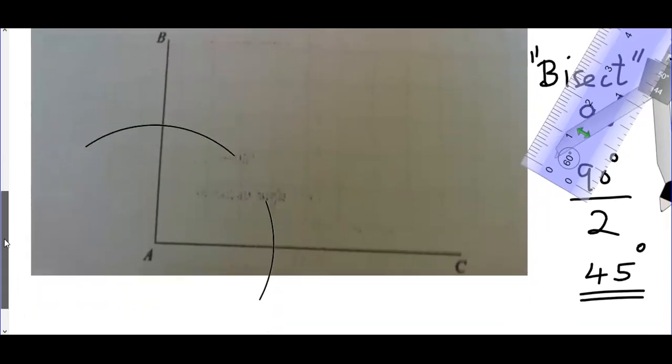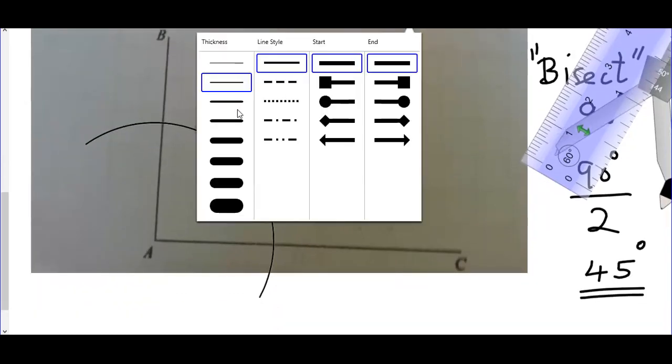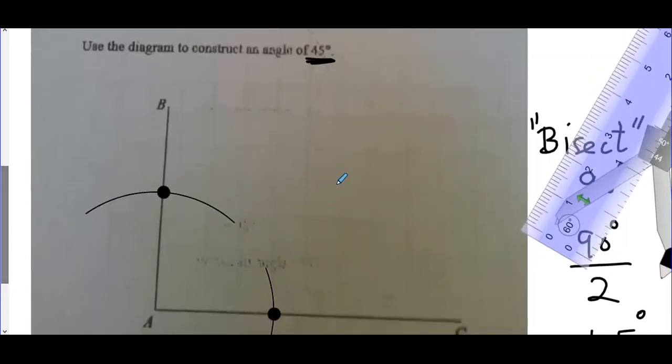Now, can you see that at the point where the arc crosses a line, they form a point. So go ahead marking those points using a dot. And then finally, take again what we call a compass.